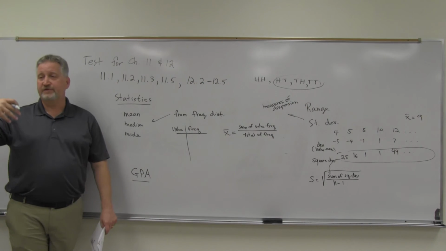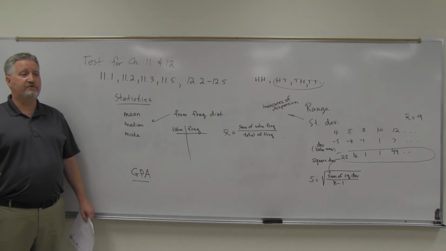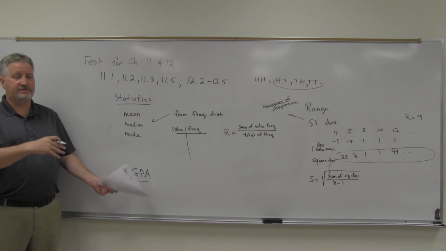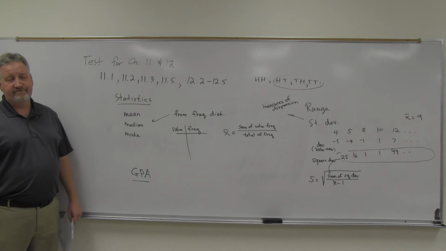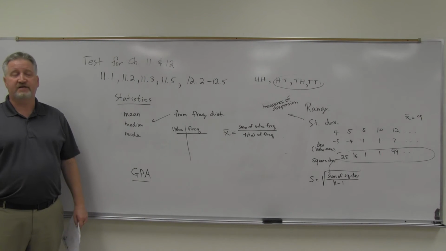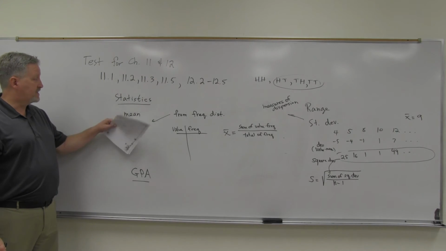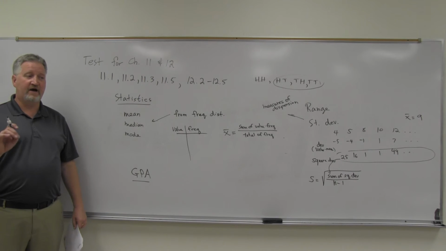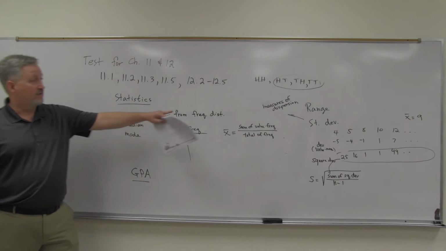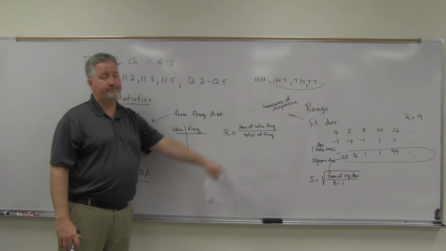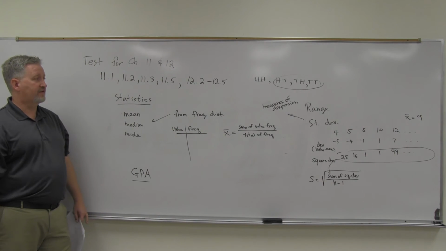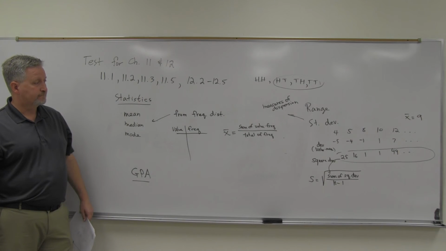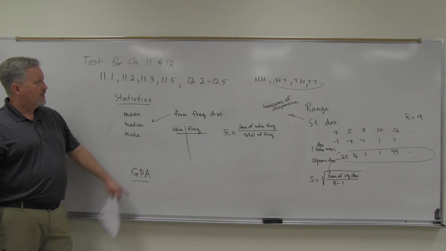So if I ask you which distribution had the more dispersed values, it's the one with the higher standard deviation. The mean gives you the average, so if I want the higher average, you go for the higher mean. But if I want the higher dispersion, you go with the higher standard deviation. That was one thing we asked about there.